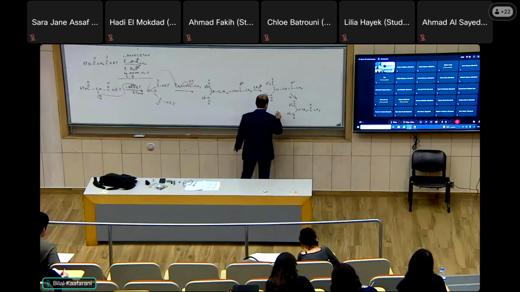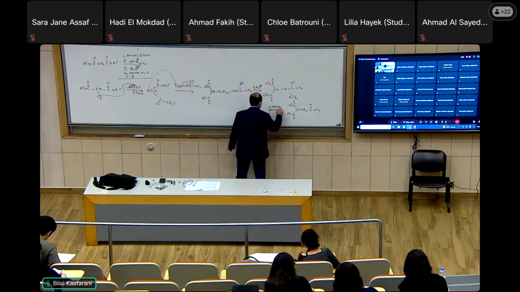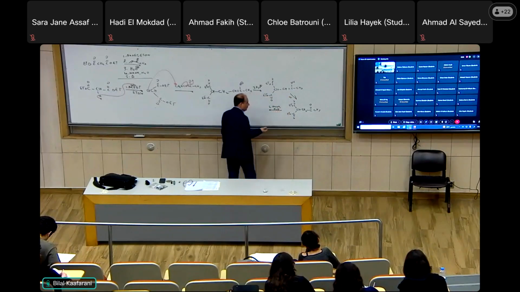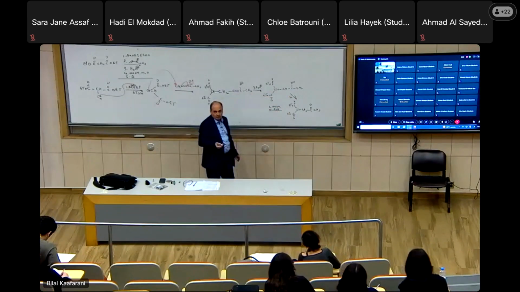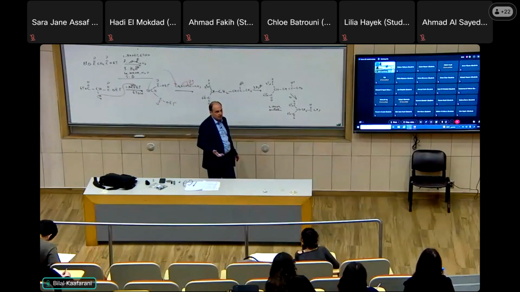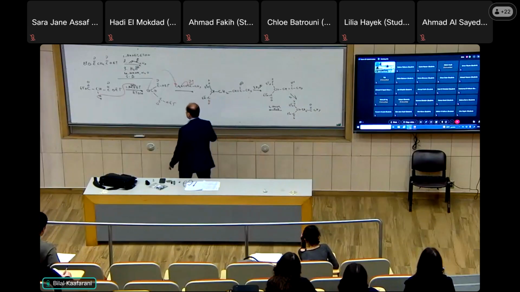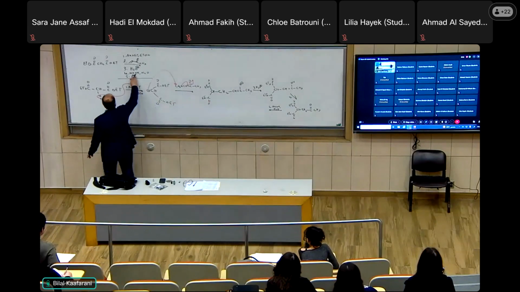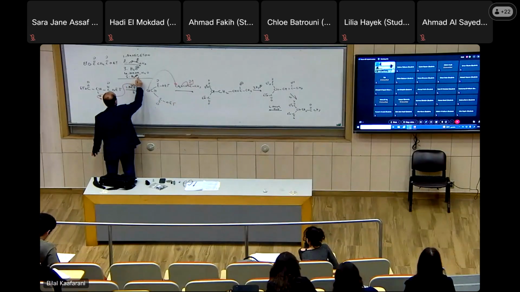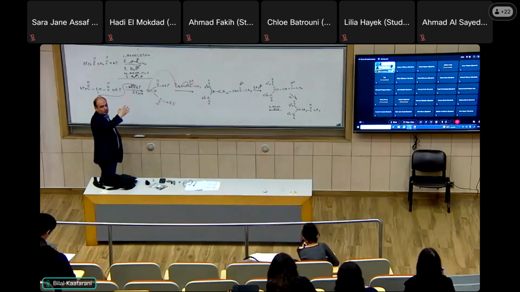So now, number 4, I added NaOH, water. So what am I going to do now? Saponification. I have 2 ester groups. The 2 ester groups are going to be saponified. I skipped right here. Let me put 5 H3O plus and 6 heat.